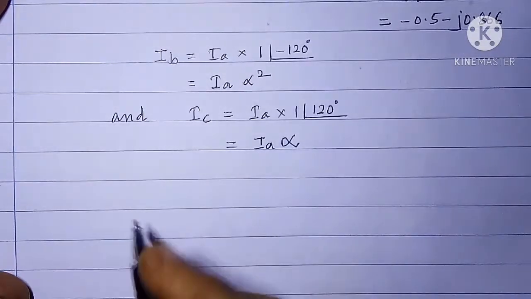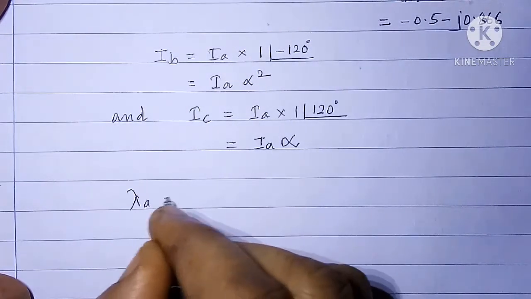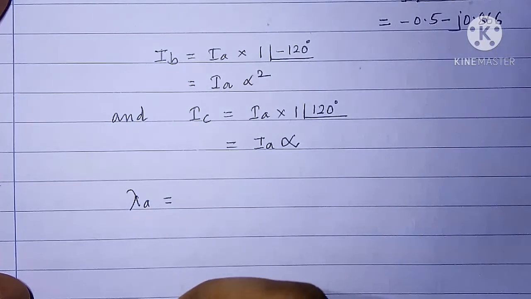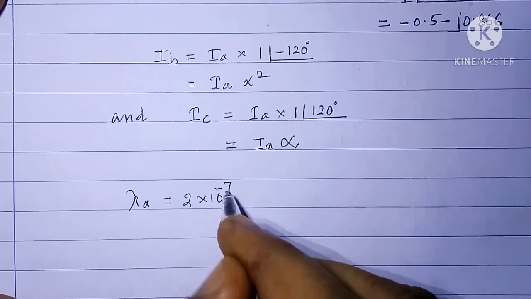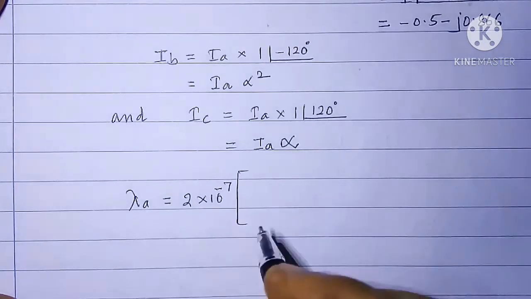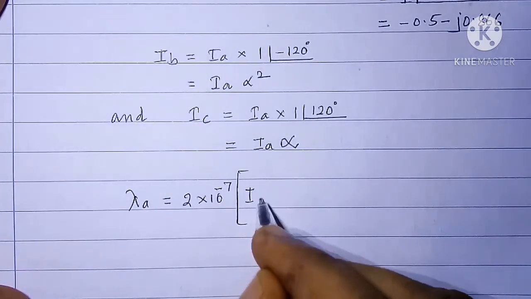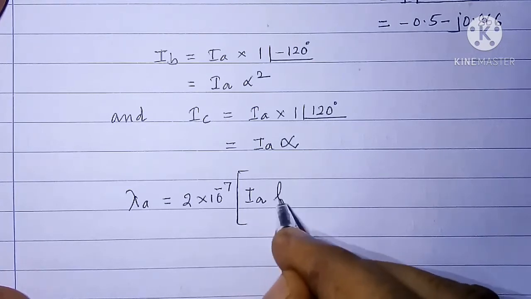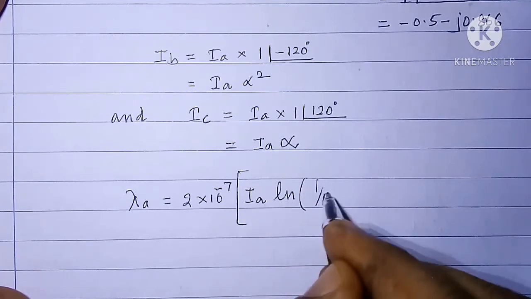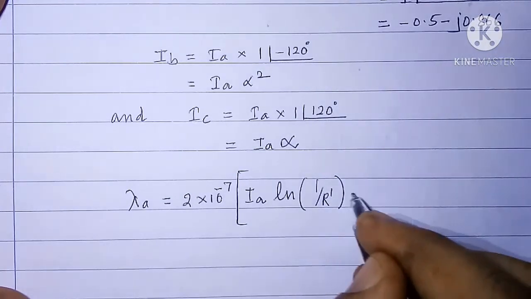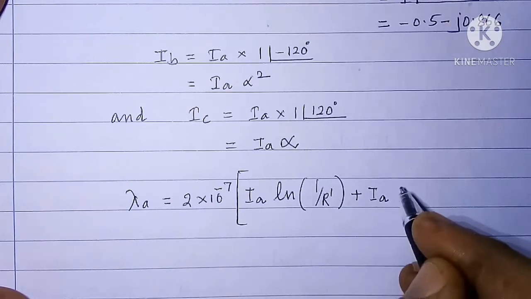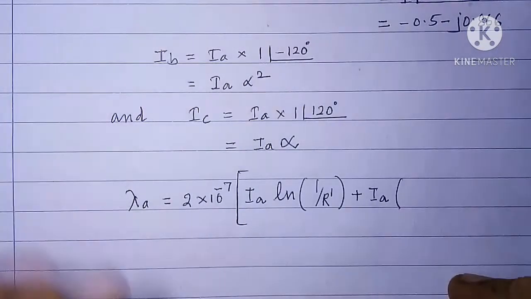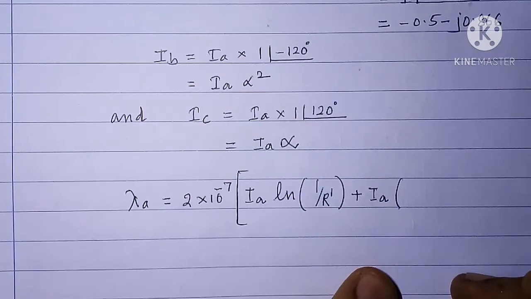Now we will express lambda A using currents IB and IC in terms of IA. Lambda A equal to 2 into 10 raised to minus 7 into the bracket IA into ln of 1 upon R dash plus IA into alpha square.